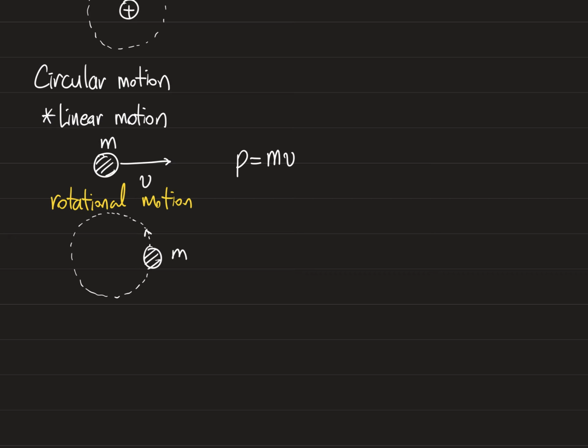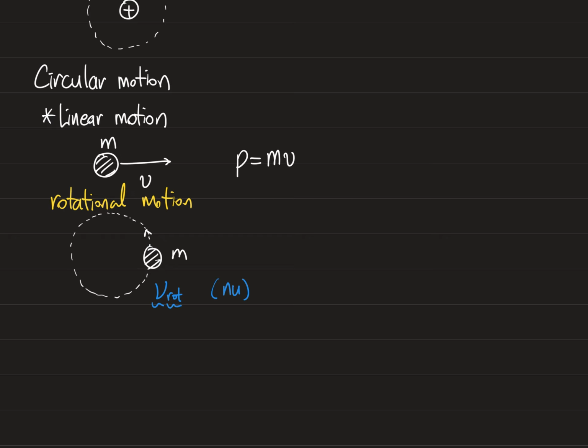We can describe the rotation by its frequency, nu rot. This is not actually v, it is the Greek letter nu. Usually nu is used for denoting frequency. So it is the rotation frequency.